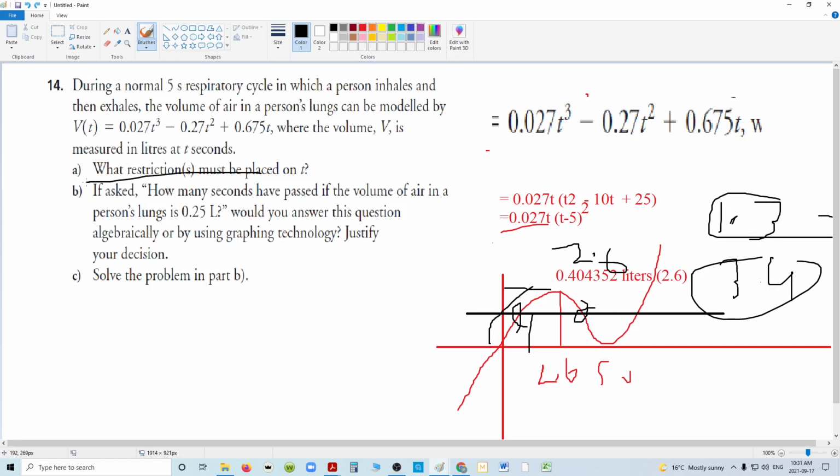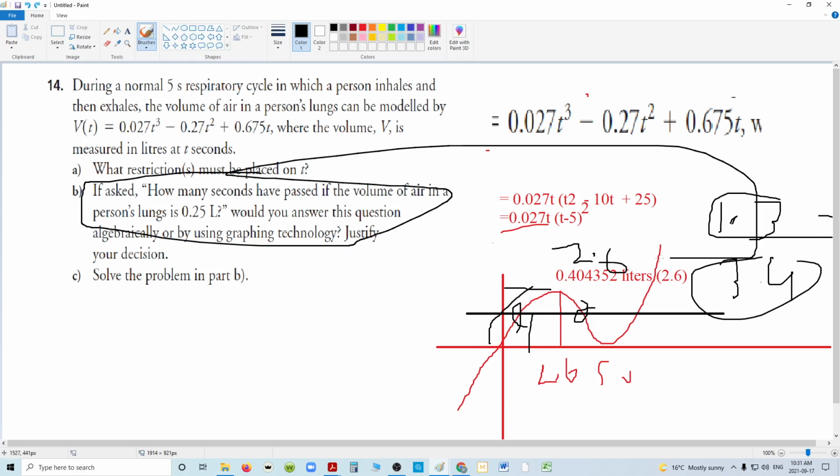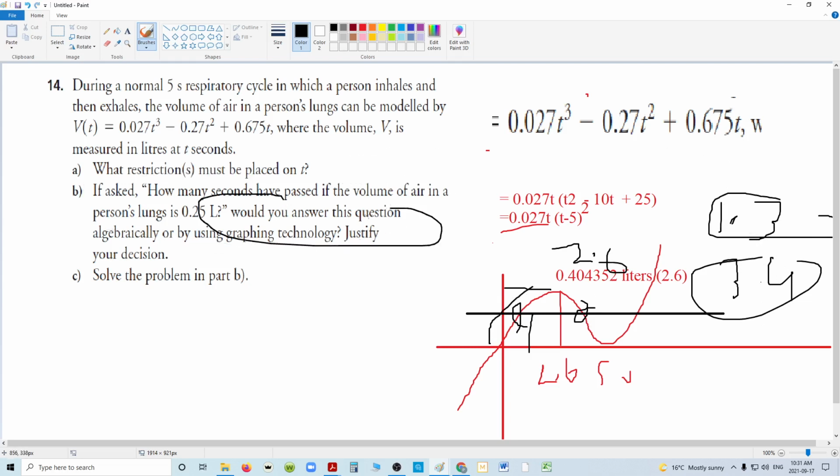Now, for the exact answer, I could use my algebra, but it would take a long time to set it to the volume I'm interested in. Or graphing technology will give it to me very fast. So if I want to get it fast, I'm going to use graphing technology.